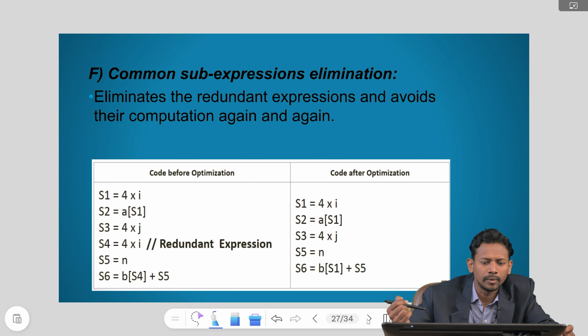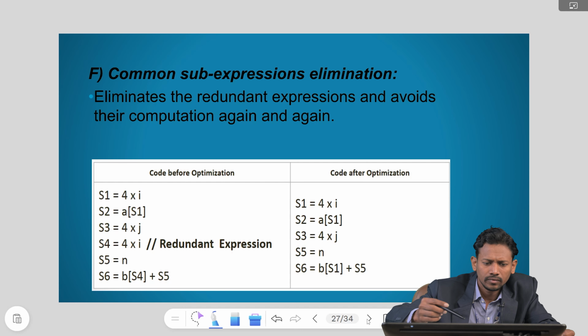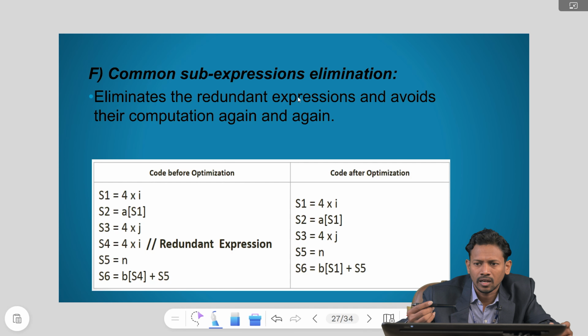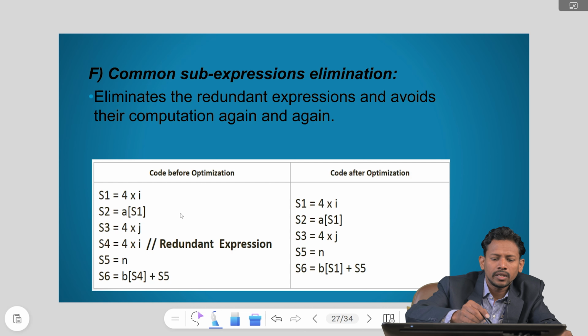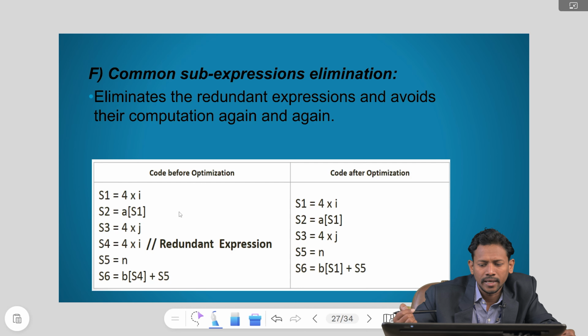Common sub-expression elimination tries to check whether any common sub-expressions are placed in the program or not, and it eliminates the redundant expressions or common sub-expressions and avoids their computations. Observe this example, code before optimization.